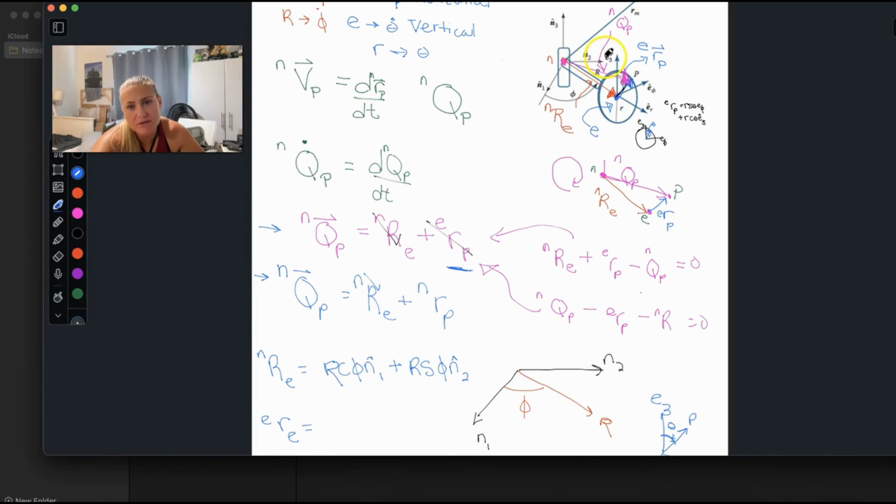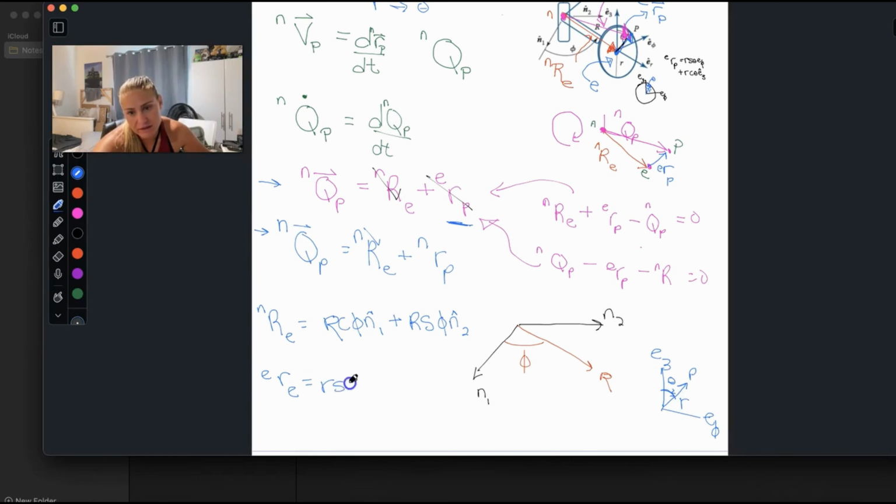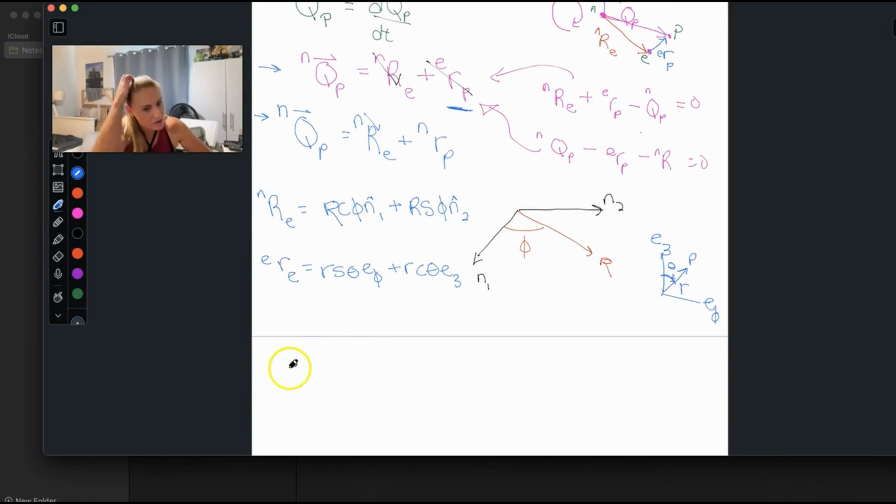So this is going to be r sine theta in the E phi direction, and then it's going to be plus r cosine theta E3.